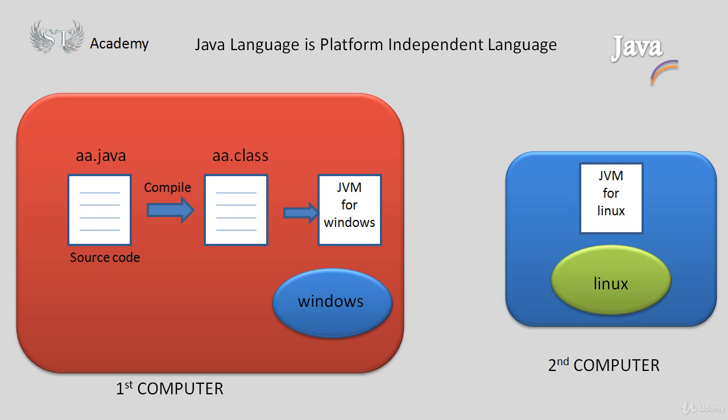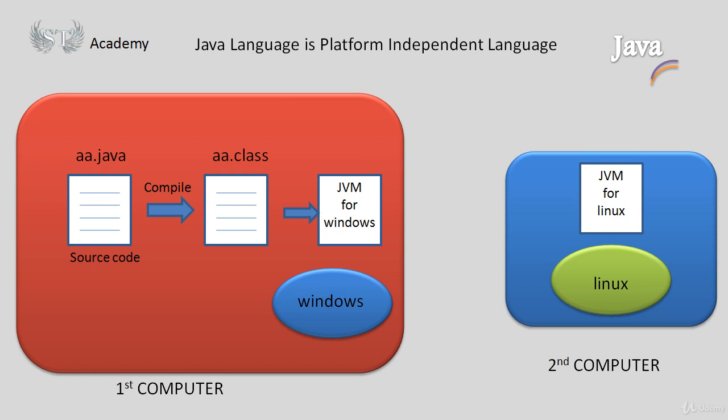So this neutral code or intermediate code are neutral. They do not depend upon the platform or on the operating system. So what the Java developer did, they came with an idea, or you can say the architecture. They developed one high profile program that is known as JVM, Java Virtual Machine.